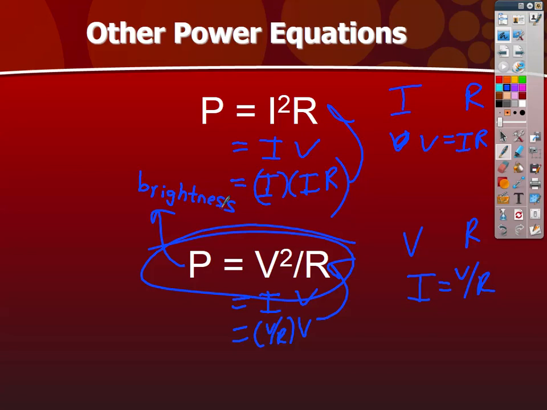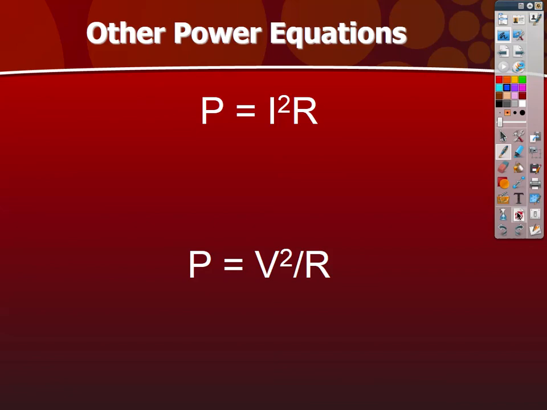Obviously, the other formulas are possible, but all I can do is keep encouraging you: that last formula, P equals V squared over R, is extremely useful and the easiest to justify. The least amount of mistakes occur when students use that power formula, V squared over R, to justify brightness.